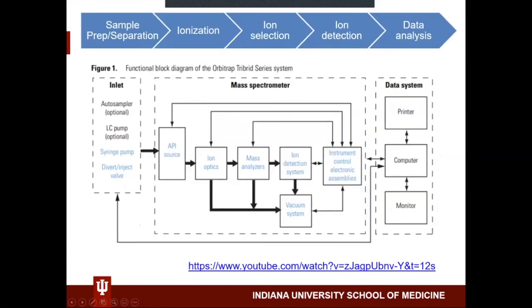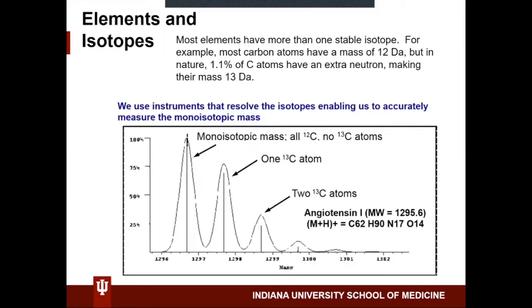Emma, could you go back one slide? Yep. Something in this that I think is important to make note of is that when you have a biological molecule, most amino acids actually have numerous carbons.